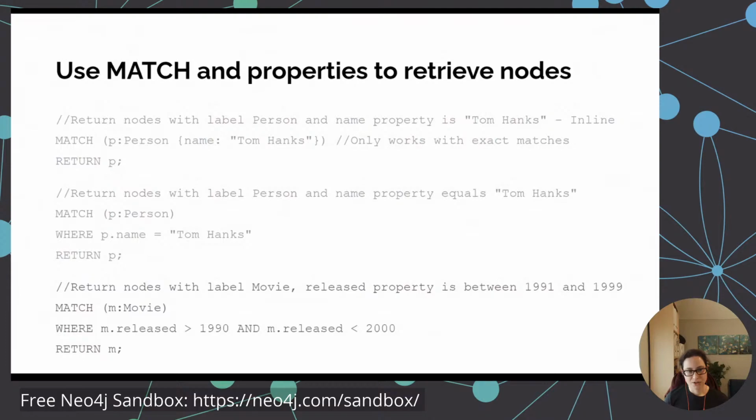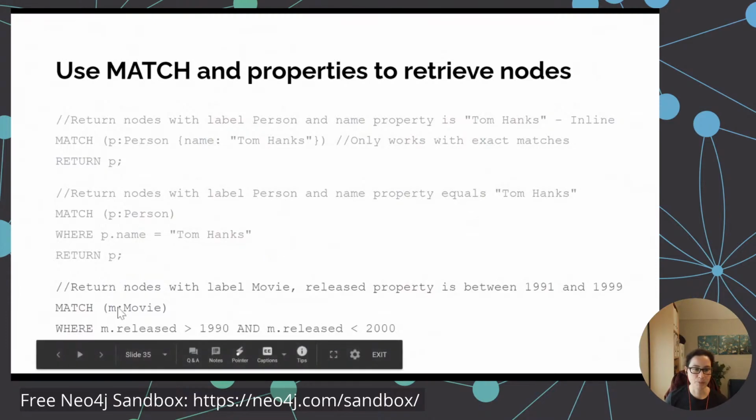If I want to return some nodes that are movies, and specifically I want to return movies that were released between 1991 and 1999, I can use the where clause now because I have the option to do a range match. So there you go, I'm matching m movie because I'm interested in those with the movie label.